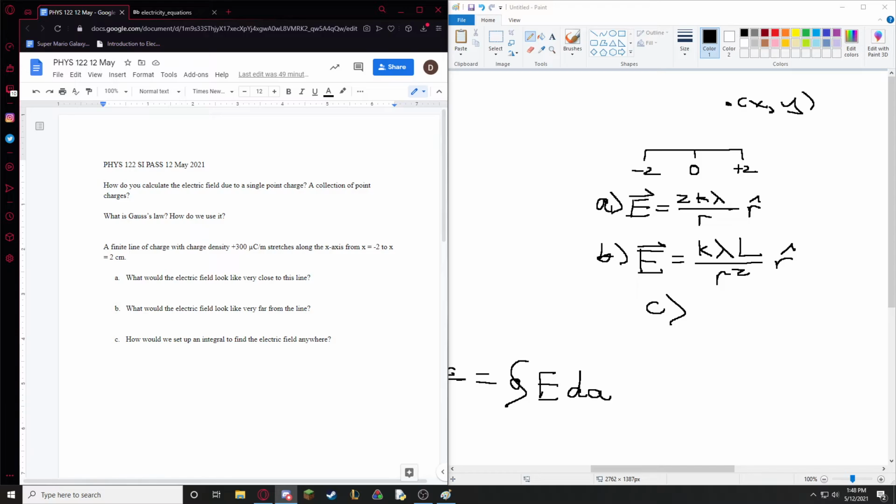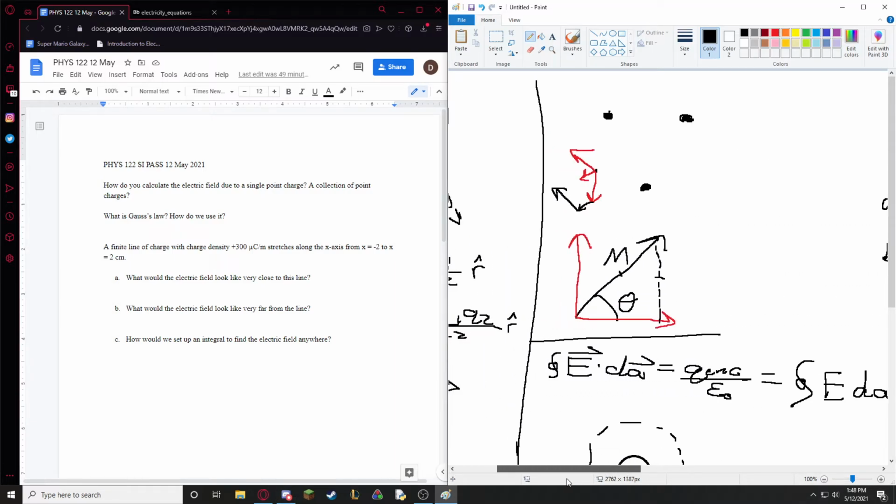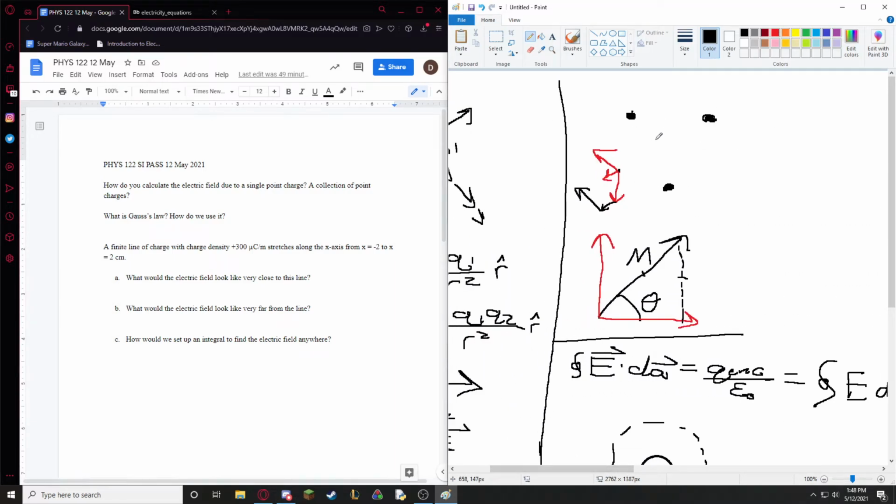So how would we set up an integral to solve? Well, remember how we talked about earlier when we had multiple point charges, we had our 3 electric fields due to our 3 point charges. And the way we find the net electric field is we add them together. We add the vectors one on top of one another.